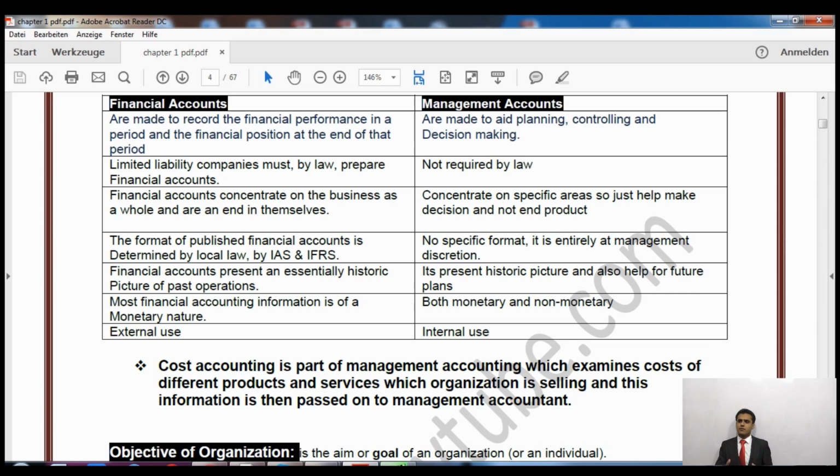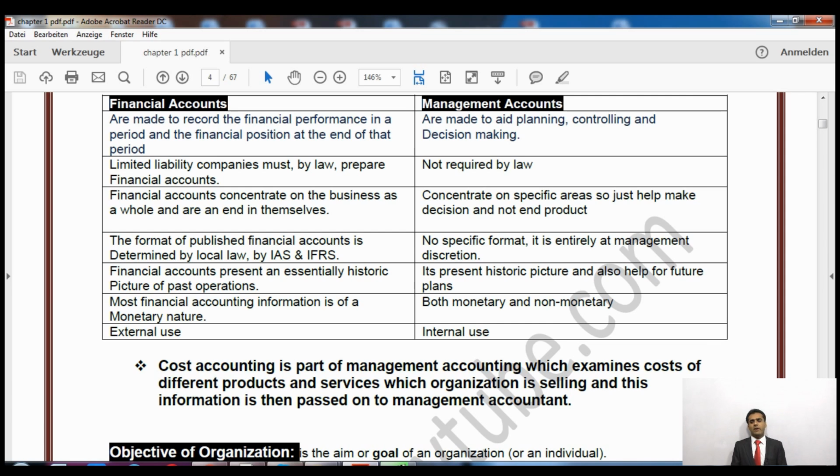All right. Do we have to follow any standards in management accounting? Have we heard about any standards? You might not have heard about any standards, but if you have passed F3, you might have some. F3 is financial accounting. In financial accounting, because we are presenting it to external parties, we have to follow some standards and rules while making the accounts.